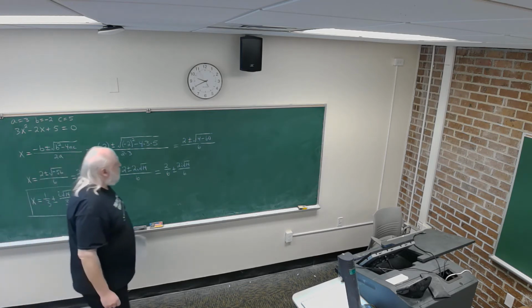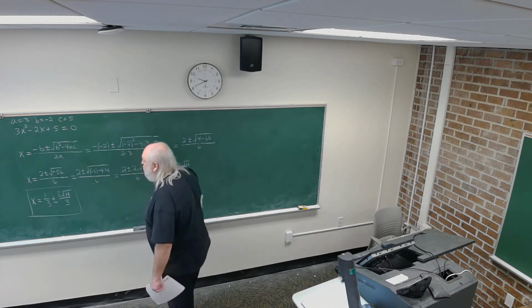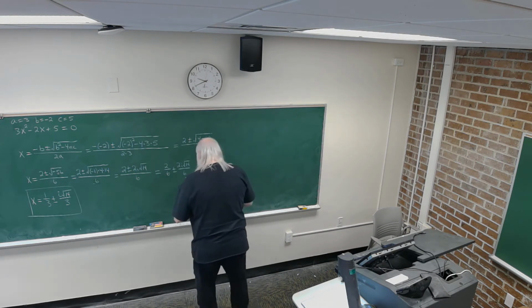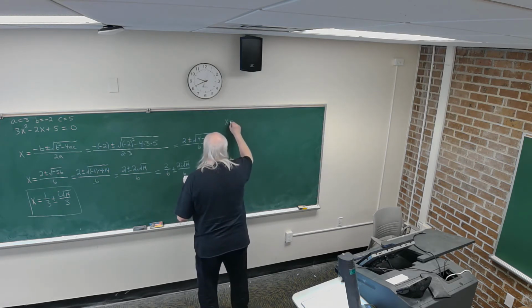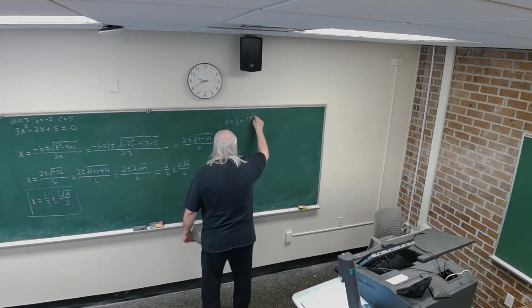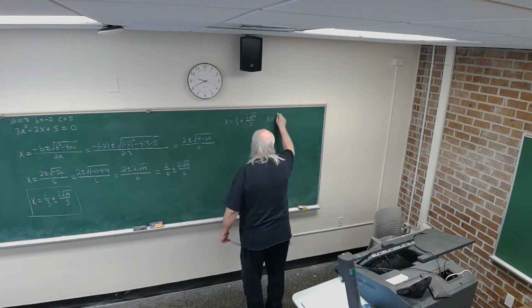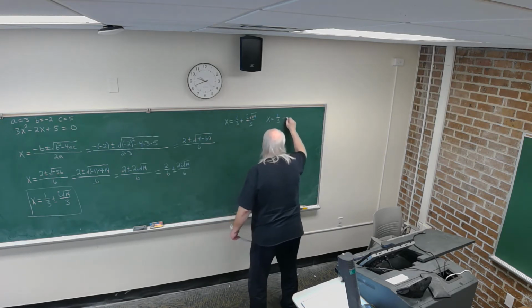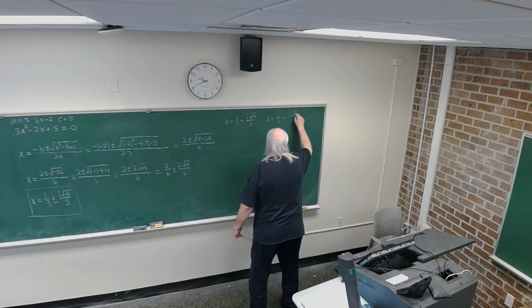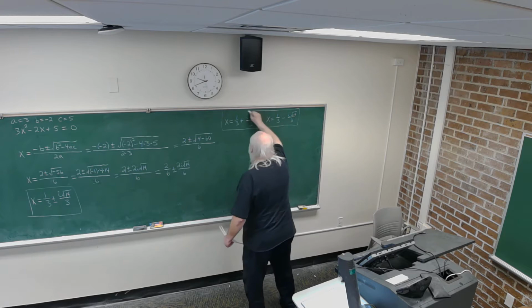So the two solutions to this quadratic equation in one variable are x equals 1/3 plus i times the square root of 14 over 3, and x equals 1/3 minus i times the square root of 14 over 3.